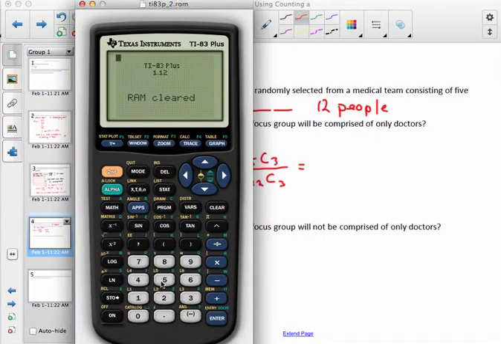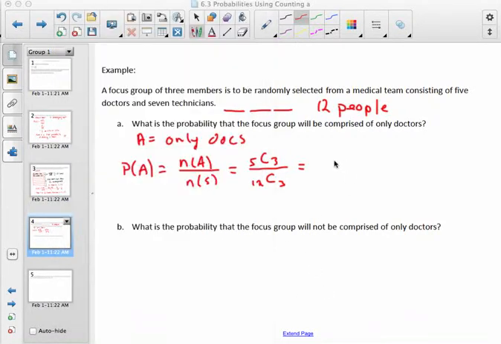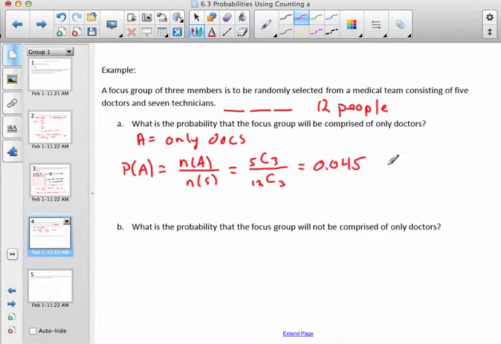And just to remind you of the buttons, we get 5 math probability 3, 5 choose 3, and that's an answer, divided by 12 choose 3, oops, that's permute, 12 choose 3, and it's 0.045 or 4.5%.